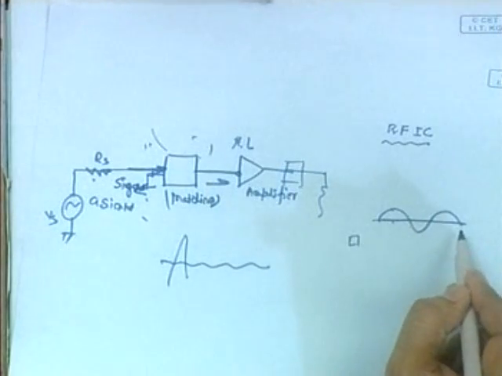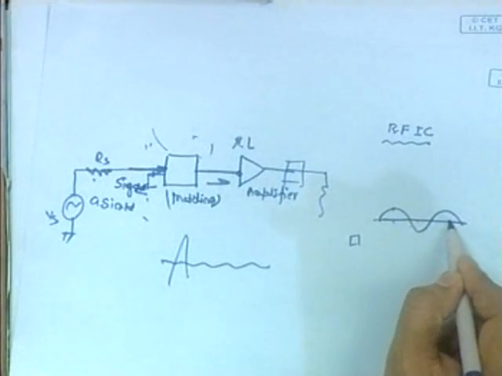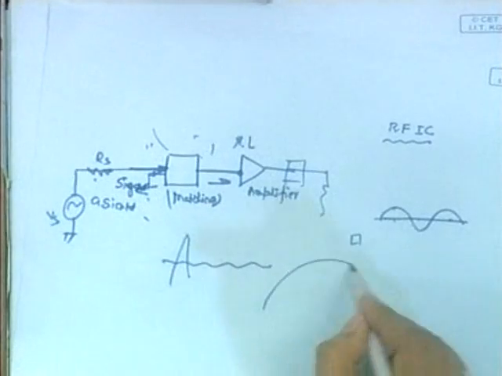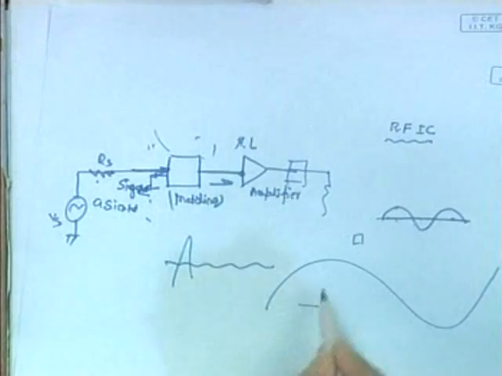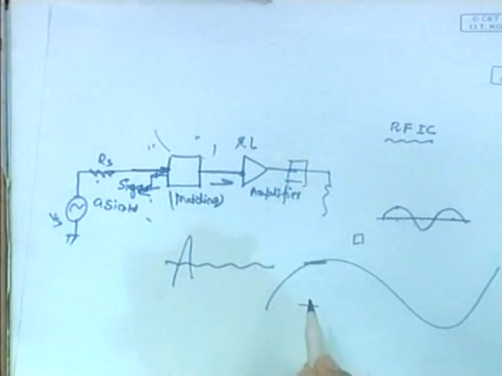The components are filling the ups and downs of the signal, so the phase is changing. Whereas if the wavelength is this and your component size is this, then you can always approximate that the signal phase is constant along the component, so the lumped parameter model will be valid. That is why lumped parameter and distributed parameter models.